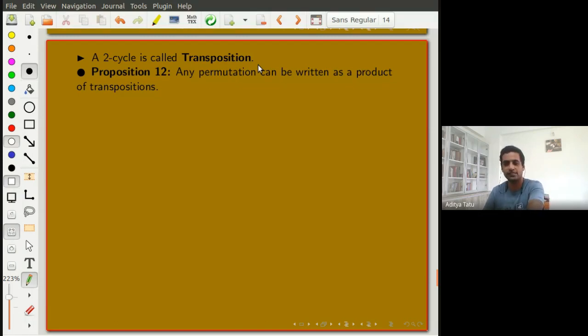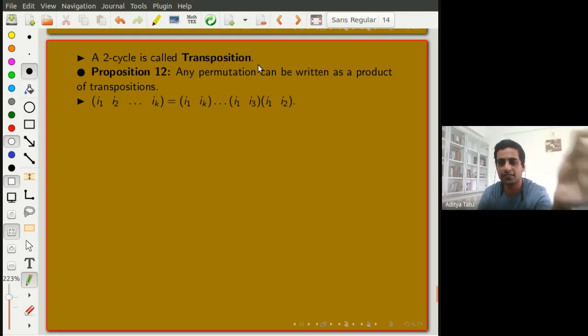The proof is easy. Remember, proposition 11 said that any permutation can be written as a product of disjoint cycles. So what I'm left with is to show that every cycle can be written as a product of transpositions. Once I prove that, then I'm done.